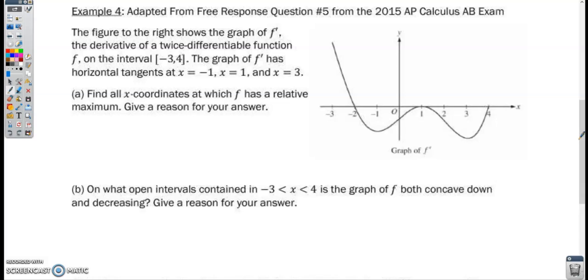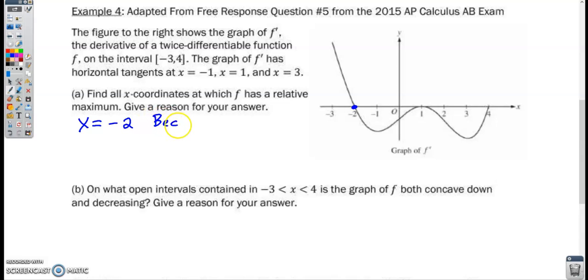If you remember back from when we were talking about relative extrema, we have a relative maximum when the derivative of the function changes from positive to negative. And if we look at the graph of f prime, which is the derivative of this function f, we only need to find where it changes from positive to negative in order to find the x-coordinate of a relative maximum. And that only happens at one place, at x equals -2.